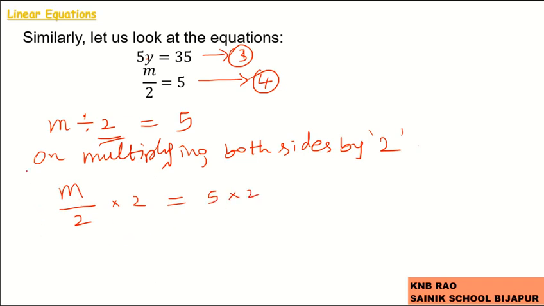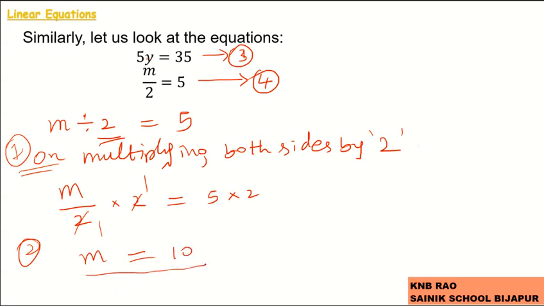Now this is step number 1. In step number 2, we have this 2 by 2, these will get cancelled because the same number is multiplying, making 1 by 1 into m, which gives you m only, equals 5 twos are 10.